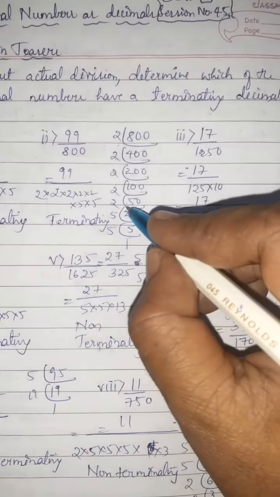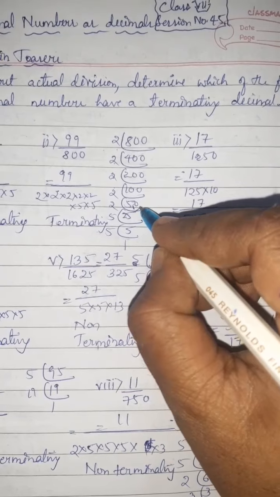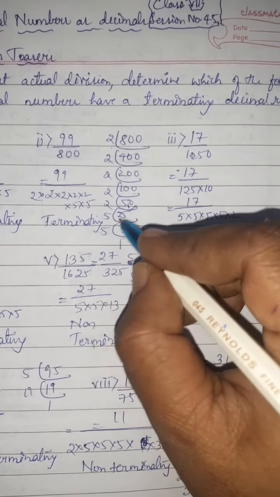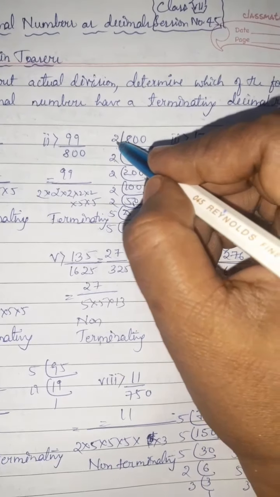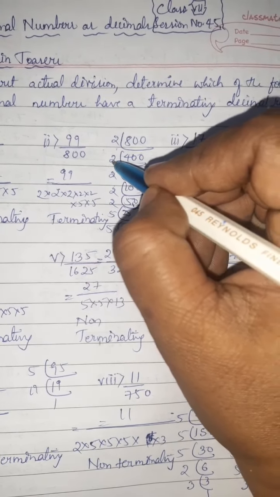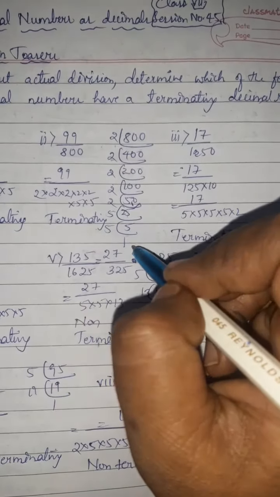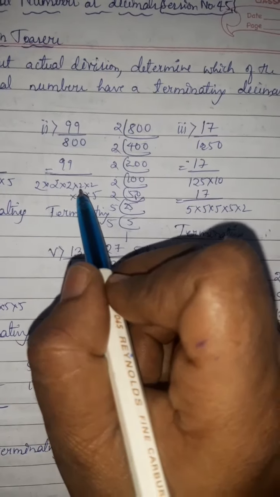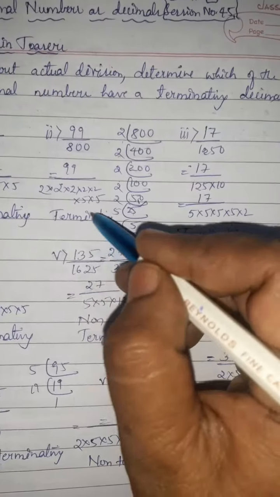Here in 5, 4 has gone, 1 is left. Next number is 0, 2 5s are 10. Then 5 5s are 25, 5 1s are 5. So the prime factors are 2 written 5 times into 5 into 5. Here you observe the denominator has the prime factors only 2 and 5. Therefore the given rational number is terminating.